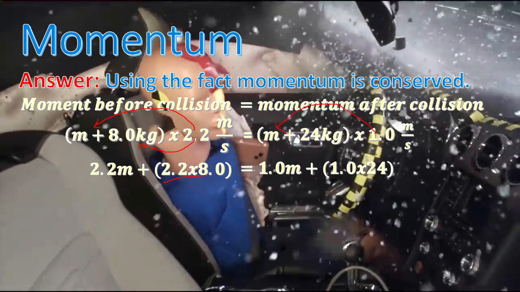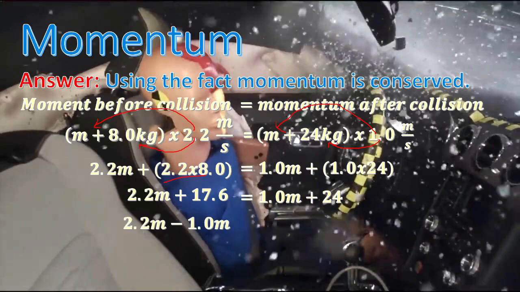Next, simplify, and you will have those values. Then combine like terms. This one you're going to put here, and when you transfer it to the other side of the equation, it will become negative.